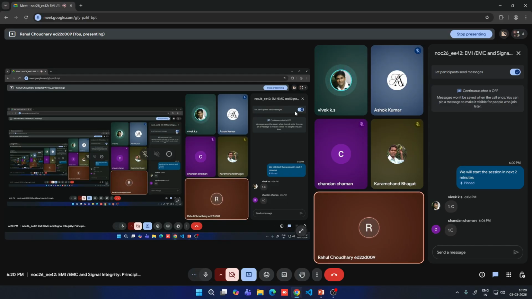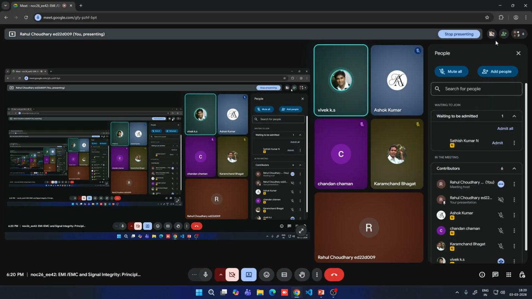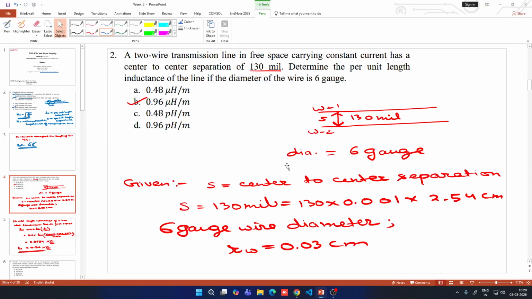Sir, can you please explain the conversion of the radius in gauges to centimeter or millimeter? Yeah, sure. There are conversion factors that we have to multiply. So you just have to remember how to convert gauge to mm.